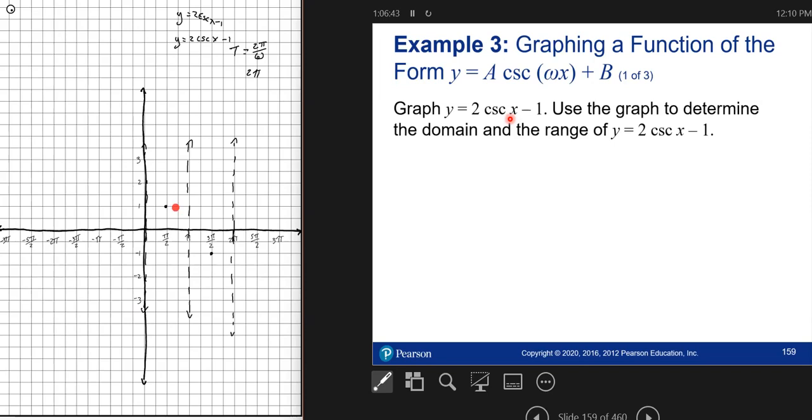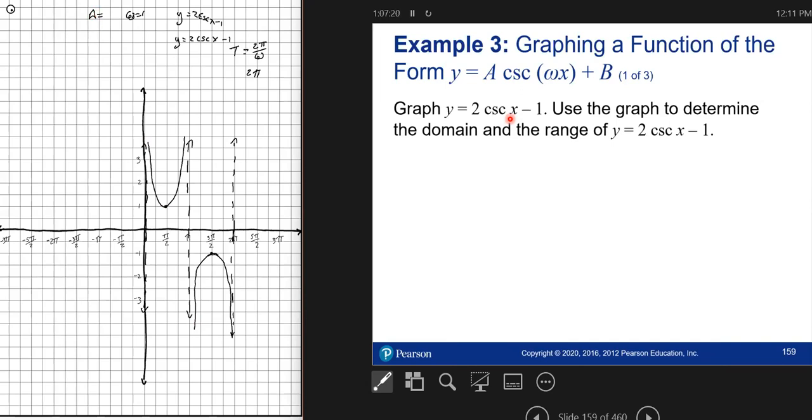And in that interval, if cosecant is 1, then that's the lowest point. So it's going to go like this in here. And over here, it's the largest point. So it's going to go like this over here. And then we look at A. Omega was 1, so it didn't change our period.